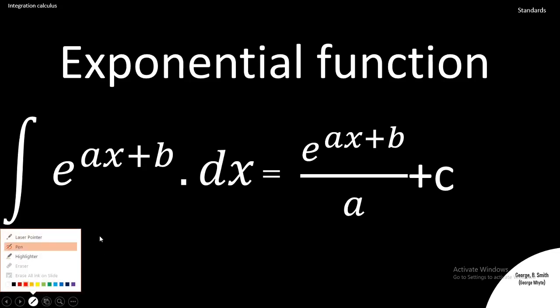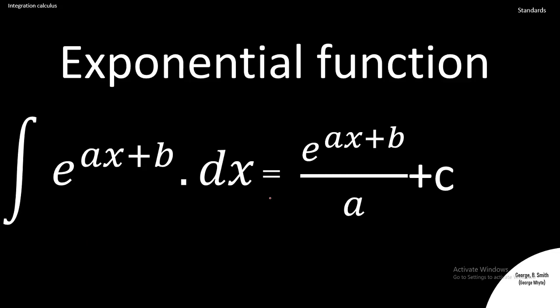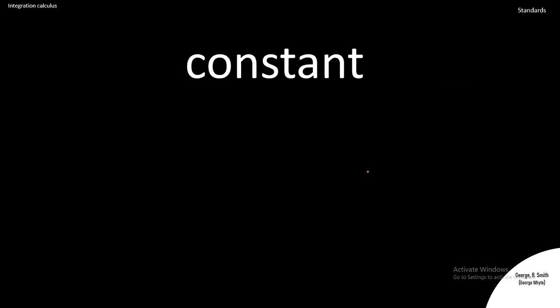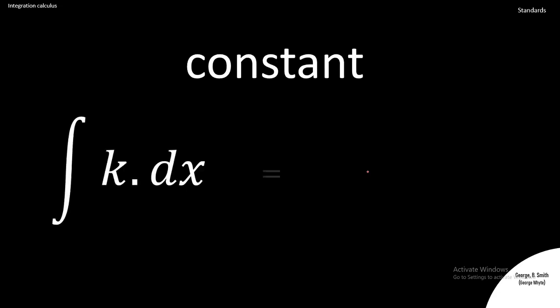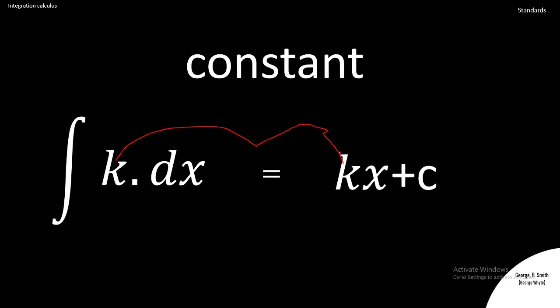And thereafter, if we have the constant, when you integrate the constant, we have this constant and we are integrating it. You can see it is still that constant we have here. The only thing we are doing is attaching x to the constant.